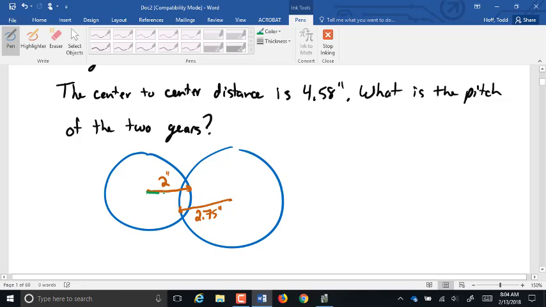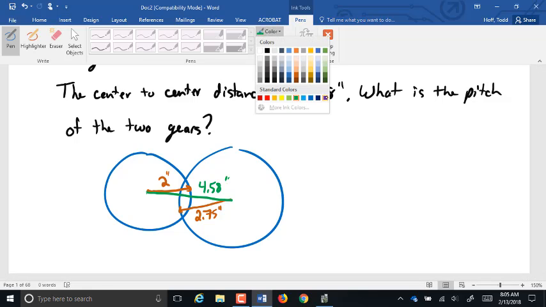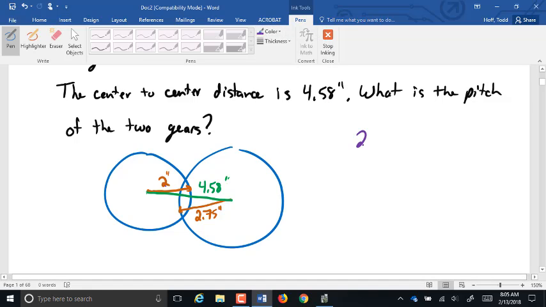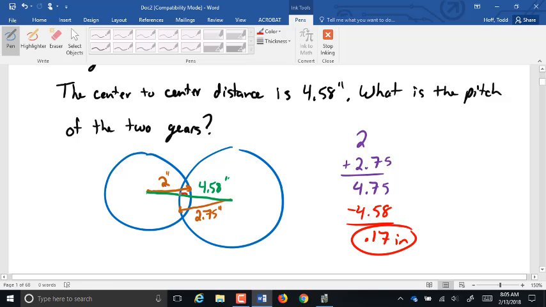If our center to center distance is 4.58, what that allows us to find is the difference. 2 plus 2.75 is 4.75. We subtract from that 4.58. And what that gives us is 0.17 inches. That difference there, the overlap here, is called the working depth.